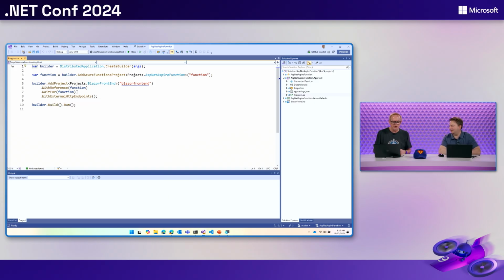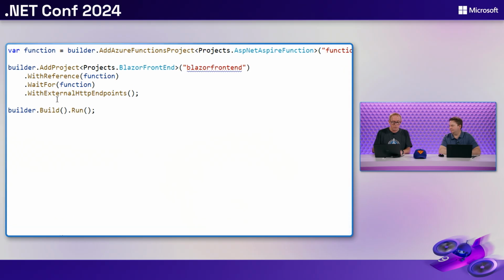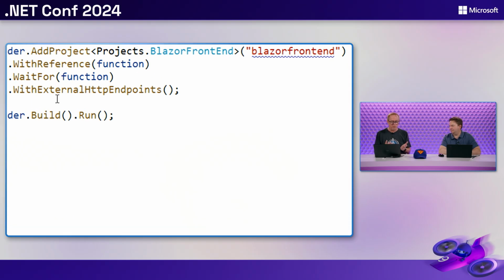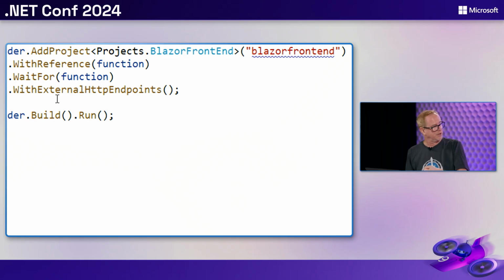And then my Blazor project wants to have a reference to functions because it's going to call the function. And this is a new feature in Aspire 9, WaitFor. What WaitFor says is, I'm going to wait to make sure that other project starts. In Aspire 8, the WithReference sort of waited for that process to start.